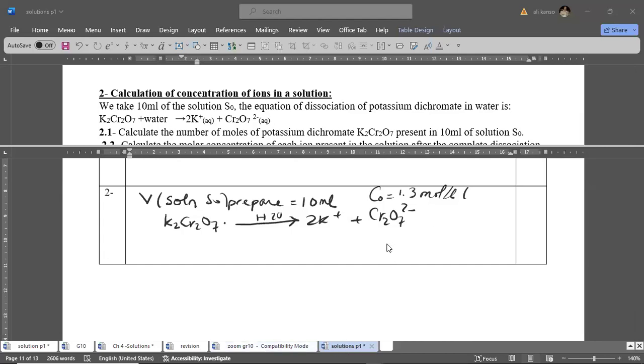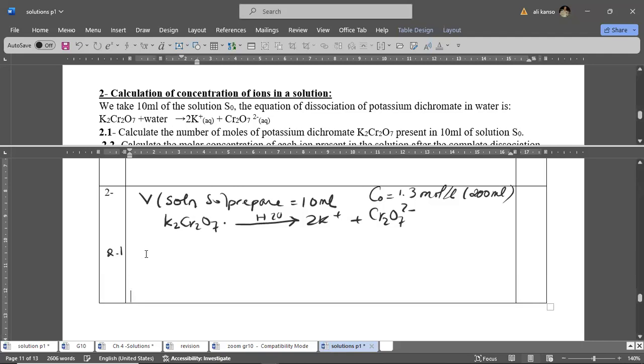This solution prepared was 200 milliliter. The total number of mole was 1.3 times 0.2 liter. But now you have to find the number of mole in 10 milliliter. How can you find the number of mole?